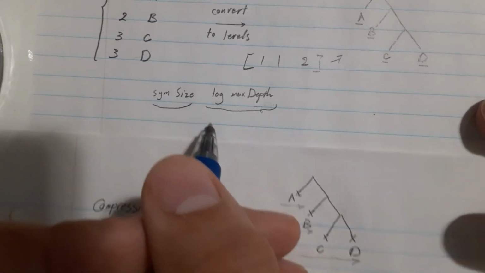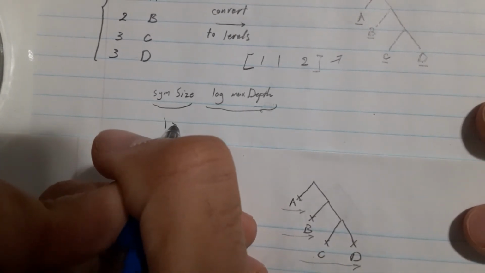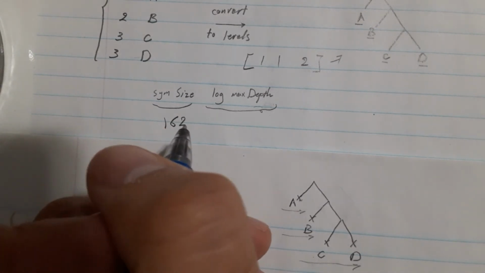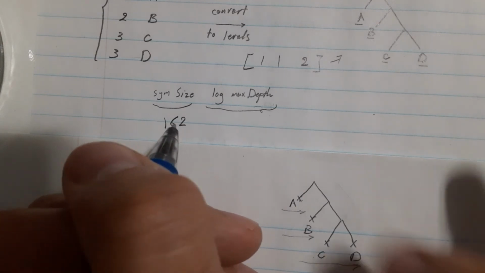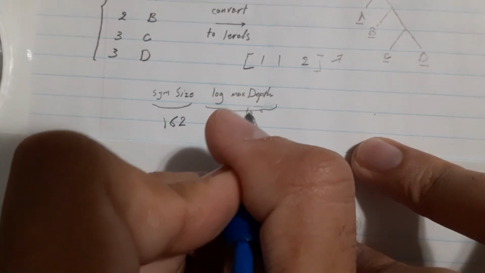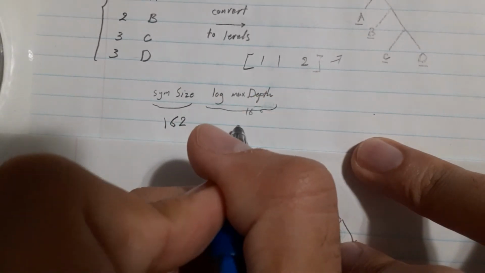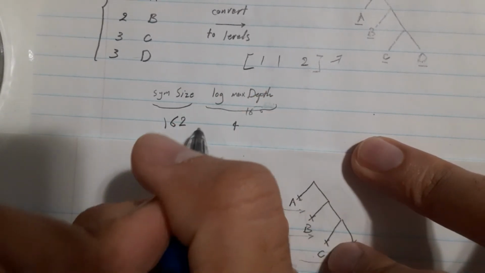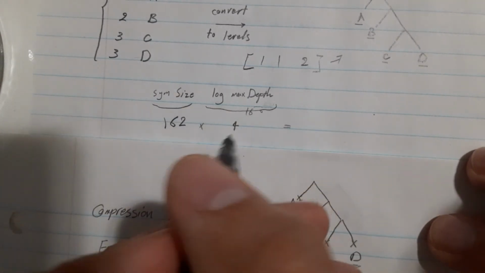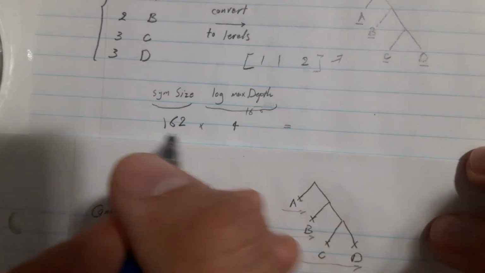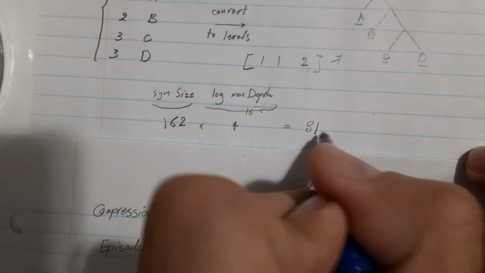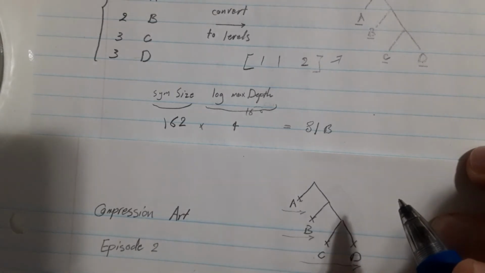If I do the same thing for JPEG, if I could do this for JPEG, but in the standard it's not possible, you would get 16, and log of 16 is 4, and this would be almost less than half the size of what you get. So this is half a byte each, that would be 81 bytes.